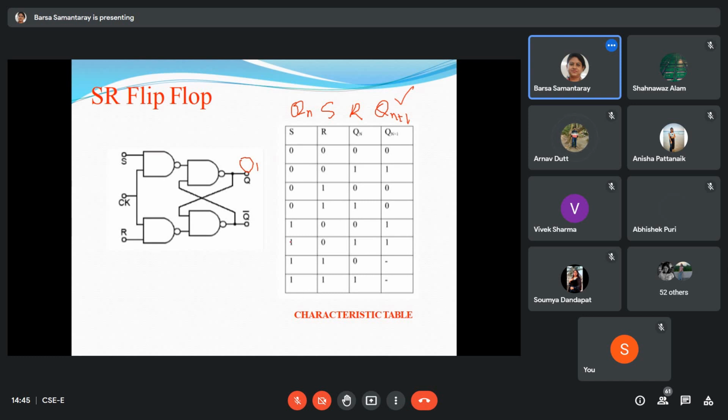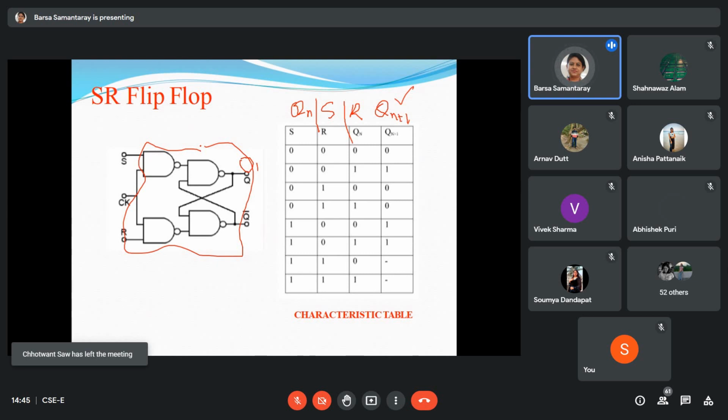Yes, ma'am. Okay, so now we will just write the characteristic table. The inputs of the characteristic table are three inputs. One is Qn, that means previous state, and the new state. Because for the combinational circuit, तुमको तीन input देना पड़ेगा. One is the memory output, another is the external input, and the clock.